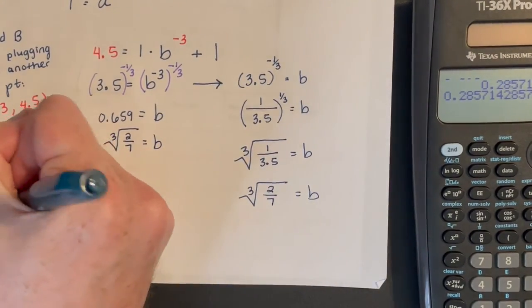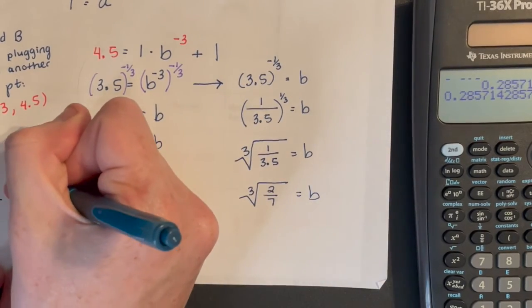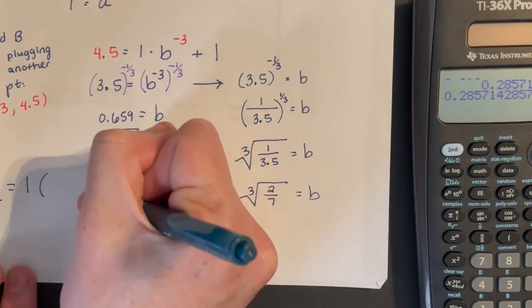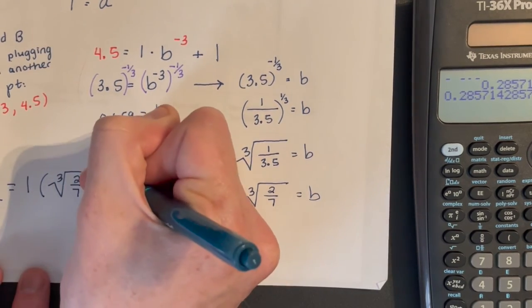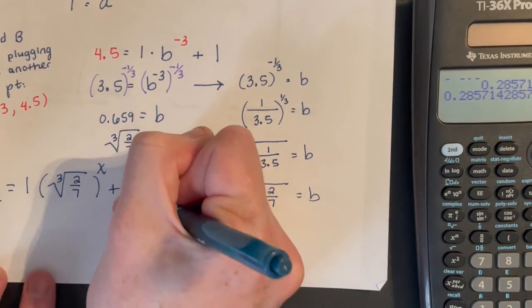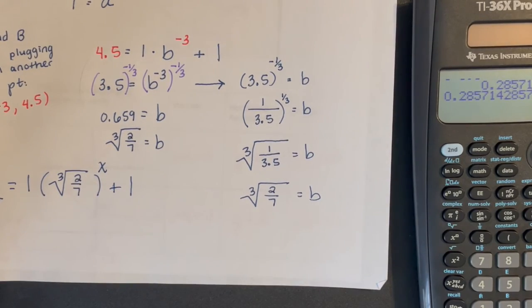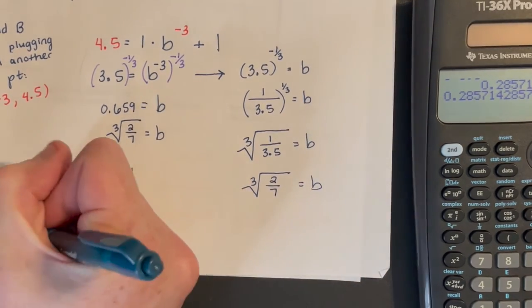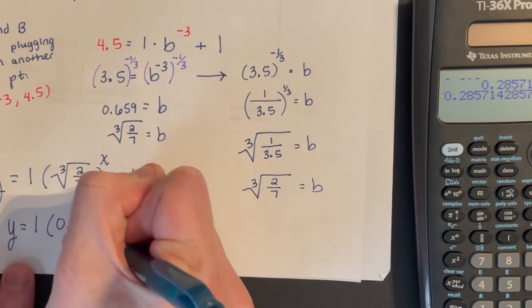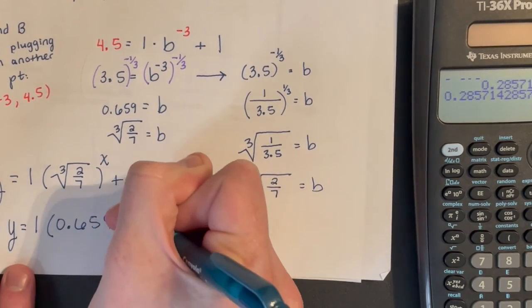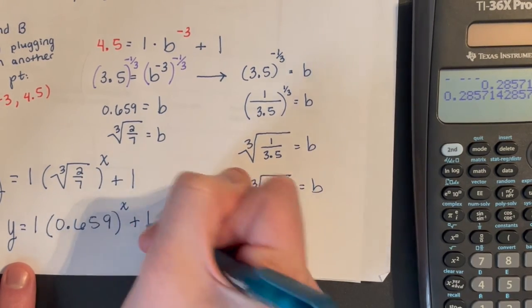The final answer for this would be 1 times the cube root of 2 over 7 to the x power plus 1. It's ugly, but if it was approximated, it would be 1 times 0.659 to the x plus 1.